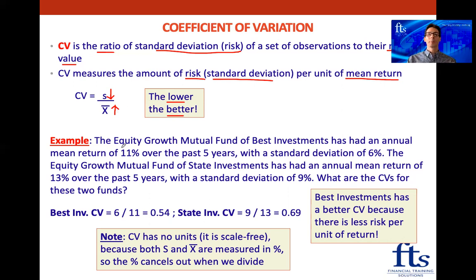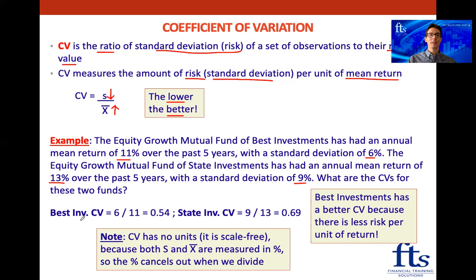So we've got the equity growth mutual fund of Best Investments, which has had an annual mean return of 11% over the past 5 years with a standard deviation of 6%. And the equity growth mutual fund of State Investments has had an annual mean return of 13% over the past 5 years, with a standard deviation of 9%. So let's work out the CVs for these two funds.